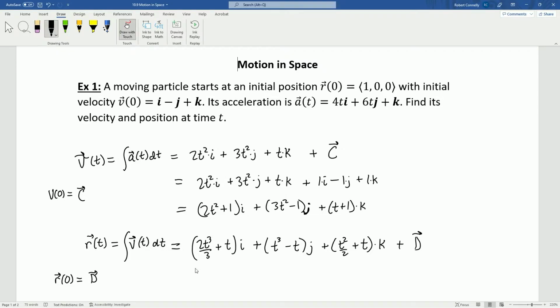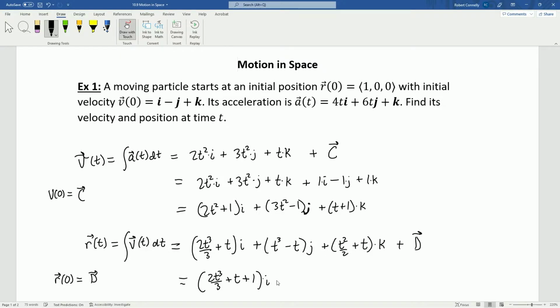So let's go ahead and set that up. If I'm adding d, I'm just going to skip a little step here instead of rewriting all of d. d is the vector 1, 0, 0, so this is going to be 2t cubed over 3 plus t plus 1, i.